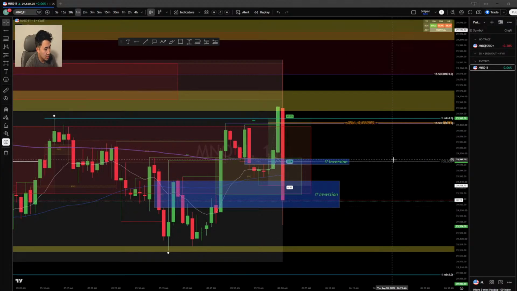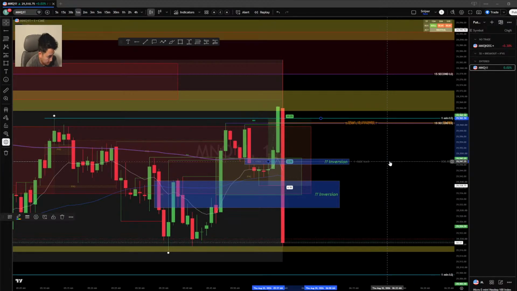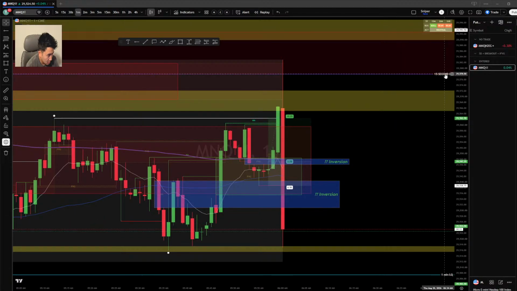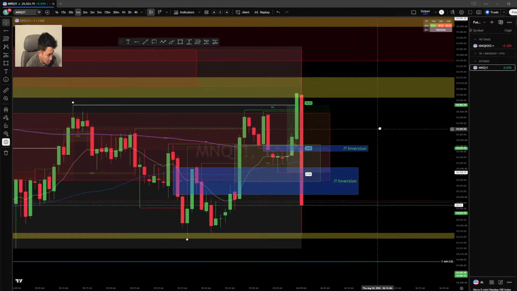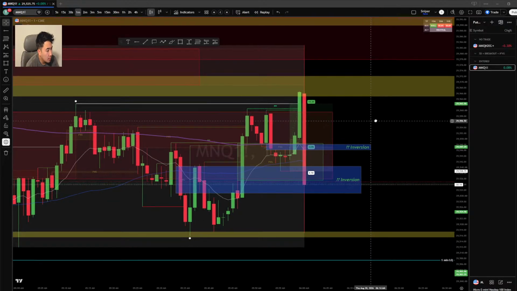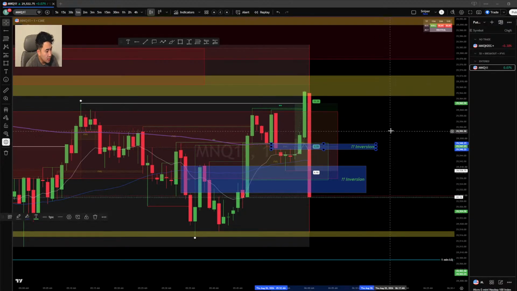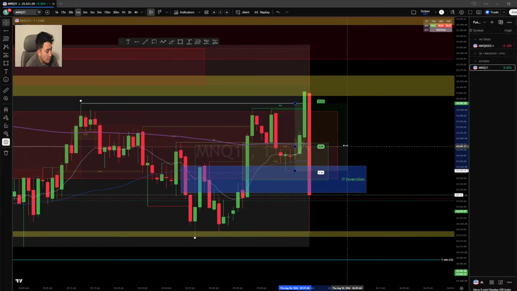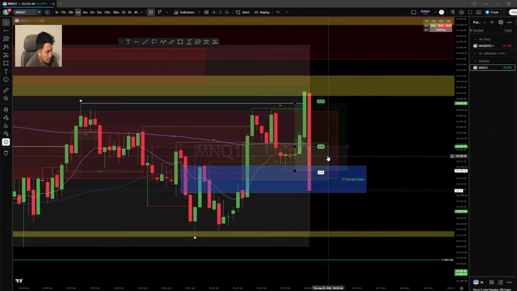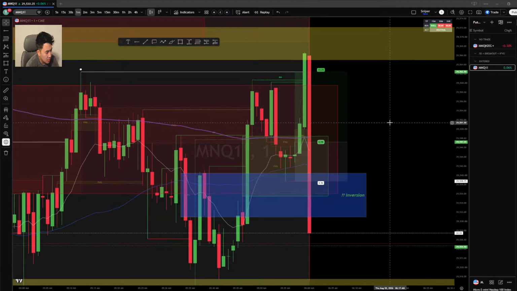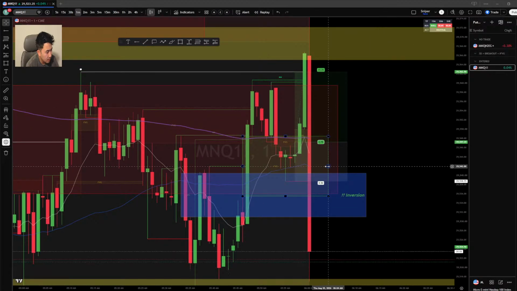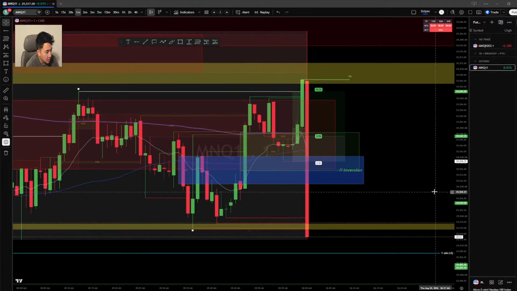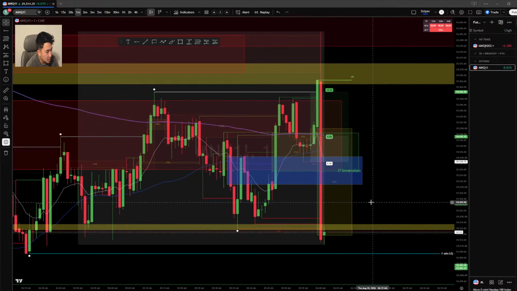Yeah, extremely good entry. All right, not too bad. I'm just gonna run over this trade real quick. That was a good RR on that one. Yeah, price is just gonna come back down and retest this.